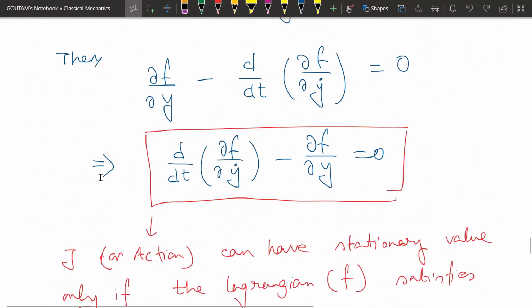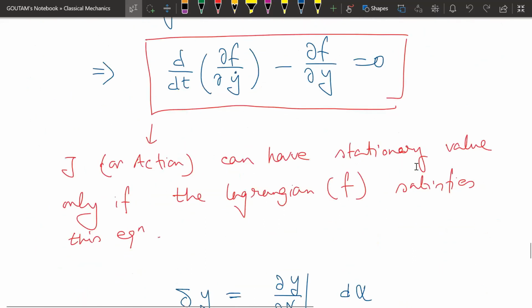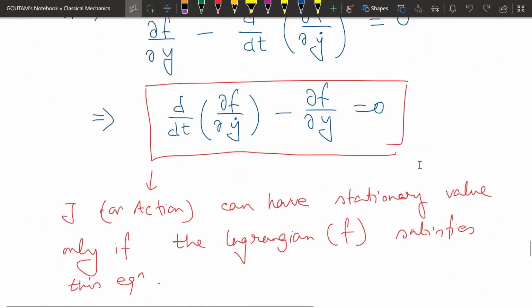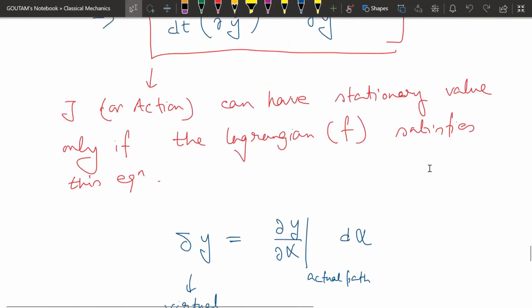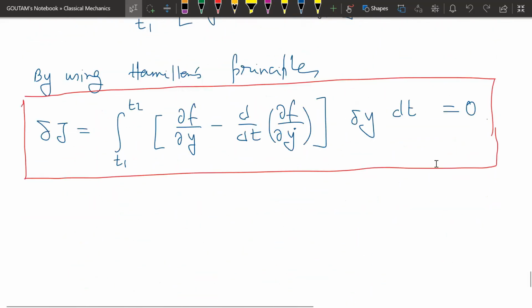If this equation is satisfied, only then will the action J have a stationary value along the actual path. Okay, so this is what we discussed today.